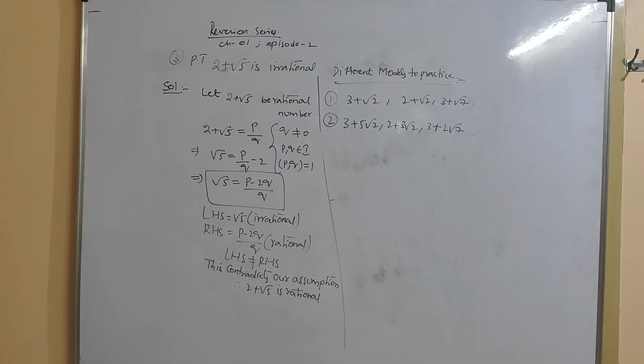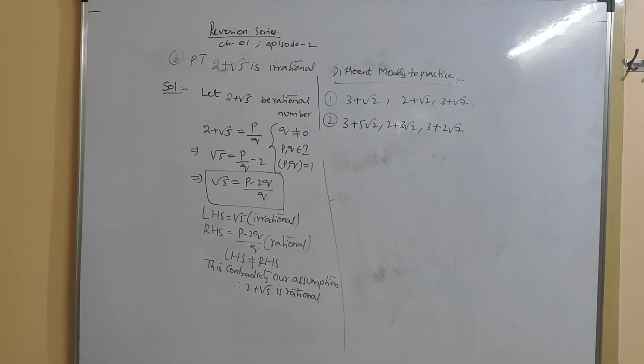Procedure and all is same, but seeing the question you will get one multiplication factor there. That multiplication factor will come down to your RHS side. So your denominator will be q in all the cases. Here your denominator will be that multiplication factor into q.